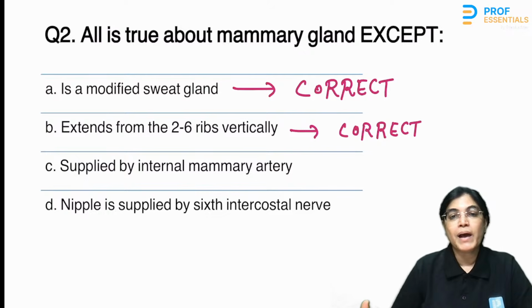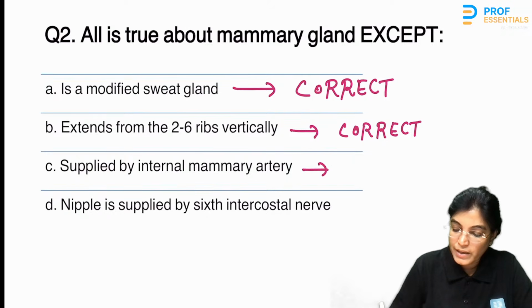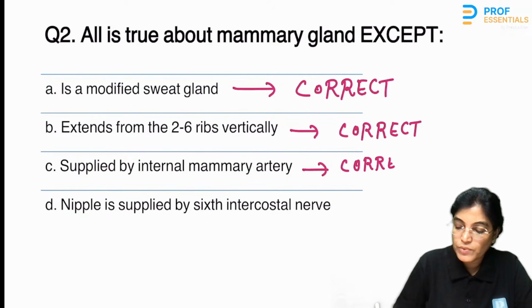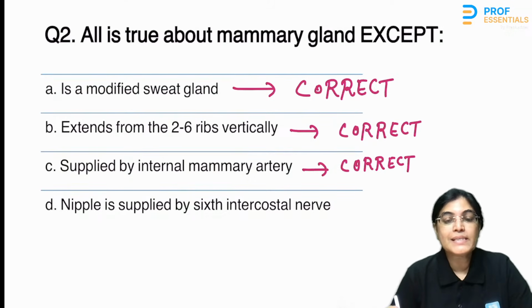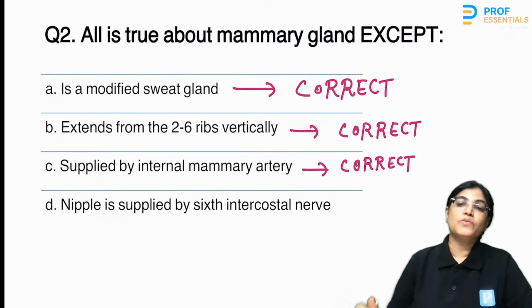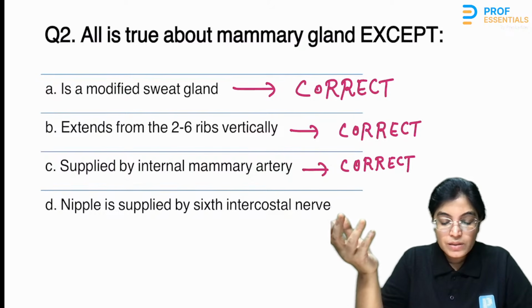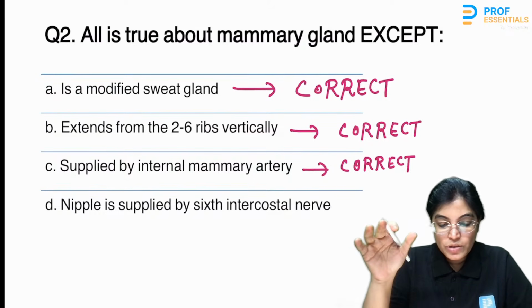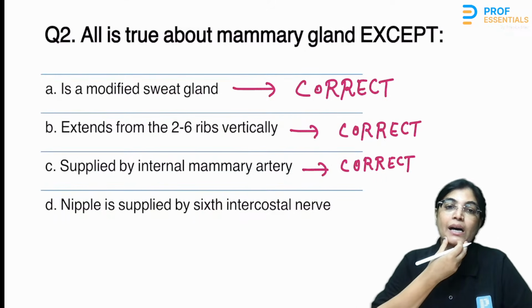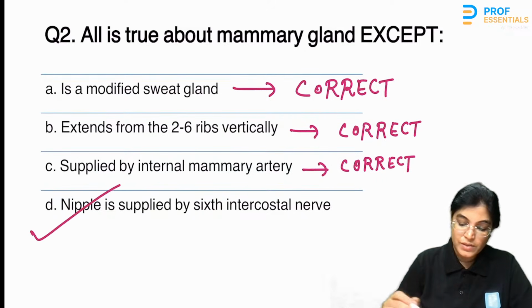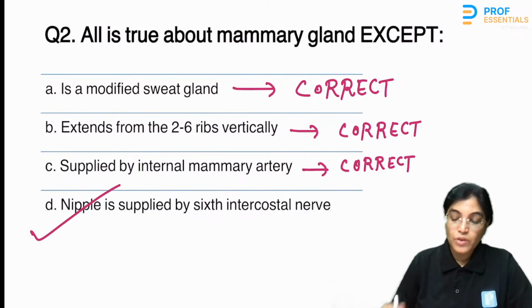Supplied by the internal mammary artery is also absolutely correct. We have also discussed the arterial supply and we know that it is a correct statement. Nipple is supplied by the sixth intercostal nerve is not right, because if you remember, the location of the nipple corresponds to intercostal space 4, so the nerve supply via the intercostal nerve, sixth, is not the right answer.